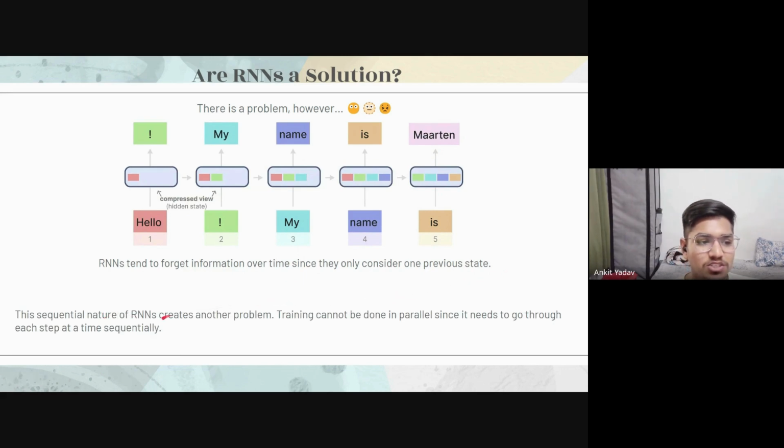This sequential nature of RNN creates another problem: we can't do parallel training, which we were doing in the transformer, because this is a sequential nature and we can't break it up and do each part separately. Over time, solutions were created for this also, but this was the issue with the core RNN.